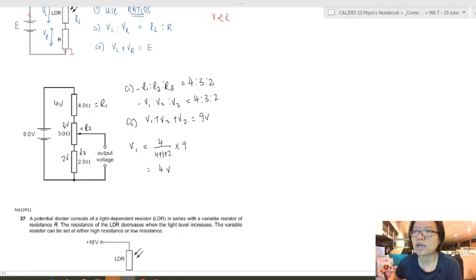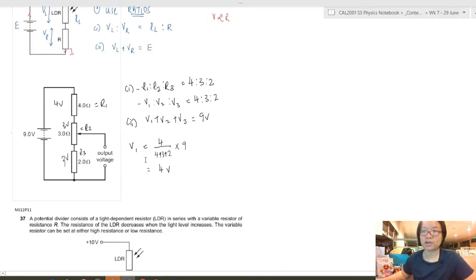But you look at this voltage output, this is a jockey or a connector here. It can be moved such that it does not include the 3 ohm, includes some part of the 3 ohm, and includes the entire 3 ohm.